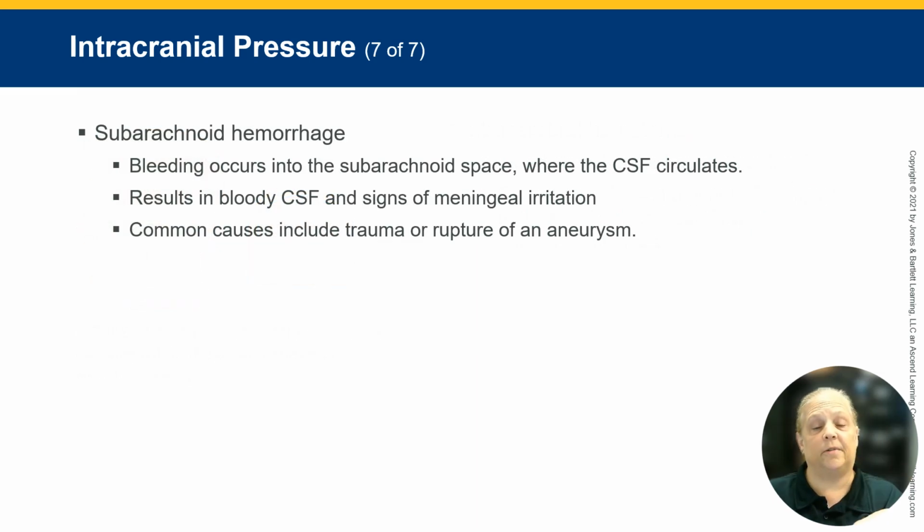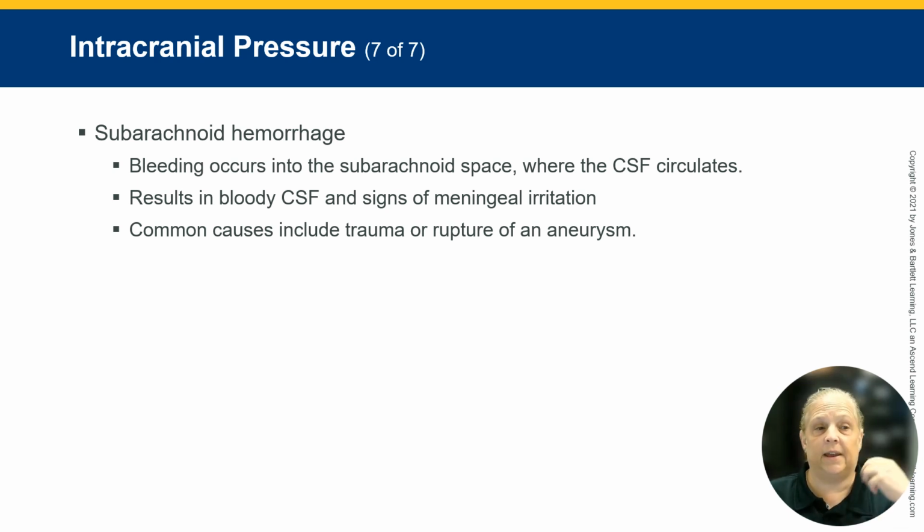You can have a subarachnoid hemorrhage. That's bleeding that occurs in the subarachnoid space where that CSF fluid is circulating. It's going to cause meningeal irritation. Just like we see with meningitis, they're going to have that neck rigidity. They can't do chin to chest. They're going to have a severe headache. Usually it's going to be a result of trauma or an aneurysm.